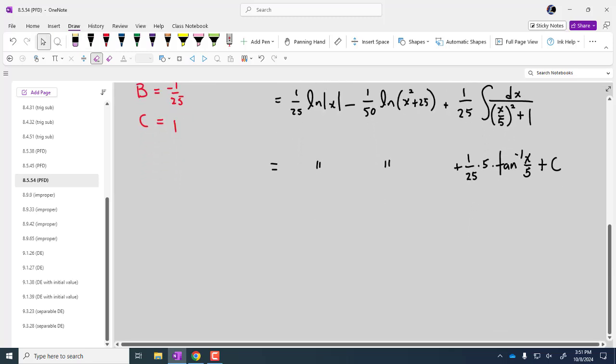Yeah, then we just have our final answer. So that plus 1/5 times arctangent of x over 5, plus c.